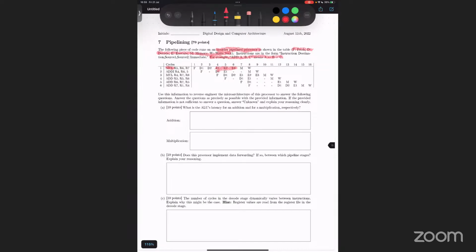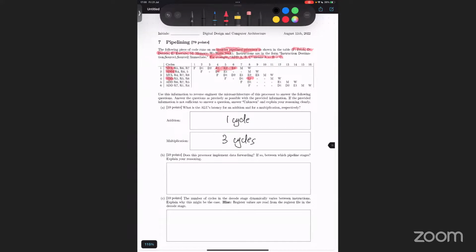And for all the additions, either the add immediate or add from 2 registers, they all take 1 stage in the ALU. So it's pretty straightforward that the addition takes 1 cycle and multiplication takes 3 cycles.